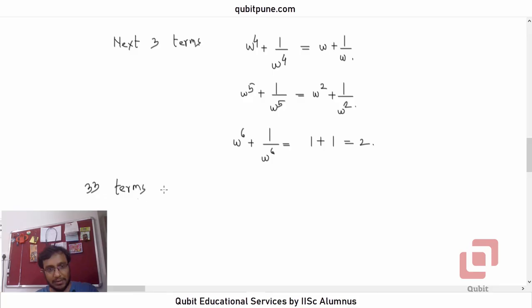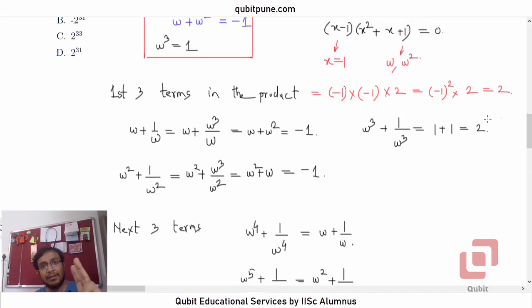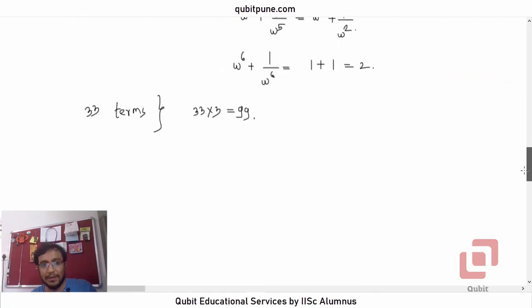Why 33? Because 33 into 3 is 99. Now, what is the value of the individual product? It's 2. So every 3 terms, the product will give us 2, correct?